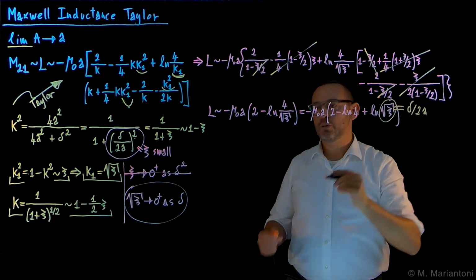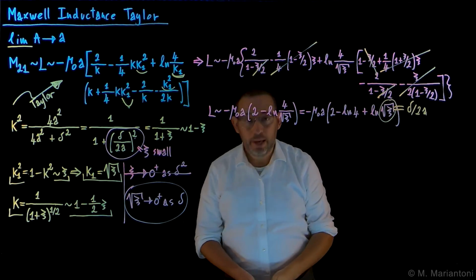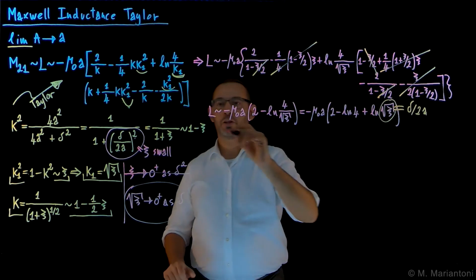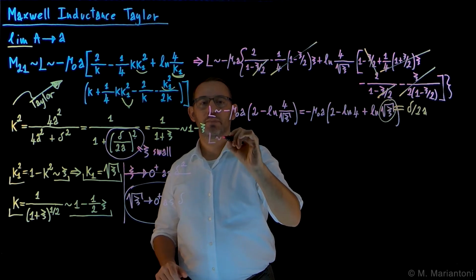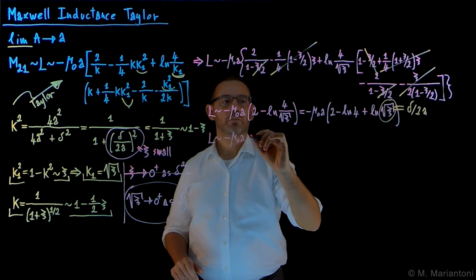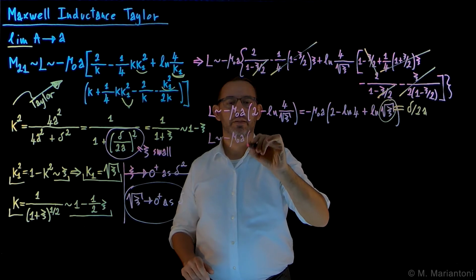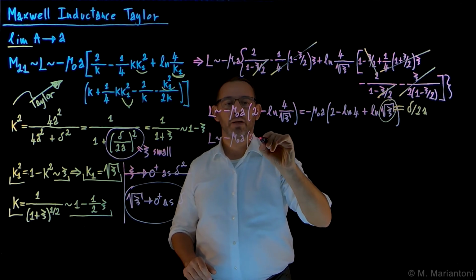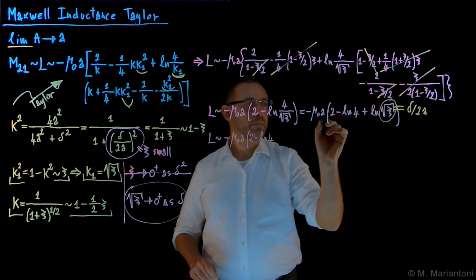So we can further use the properties of logarithms and eventually find something with 5 terms now: L approximately equal to minus mu naught A times 2 minus the natural logarithm of 4.